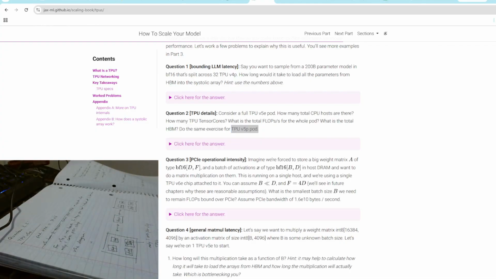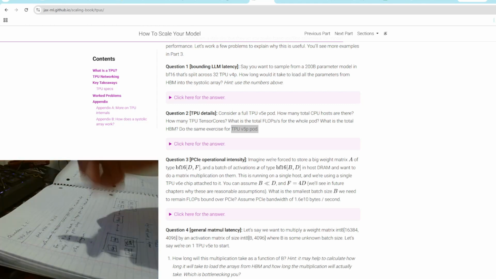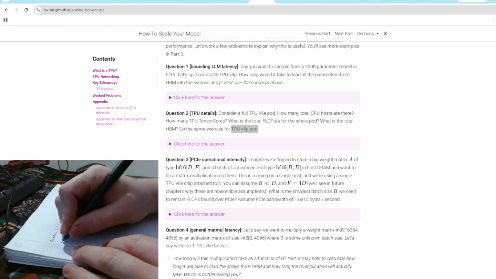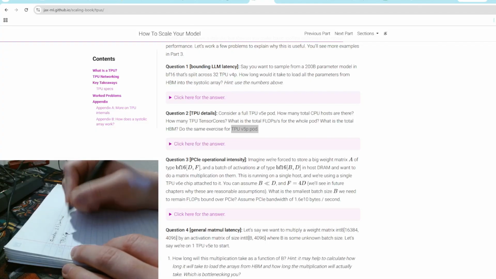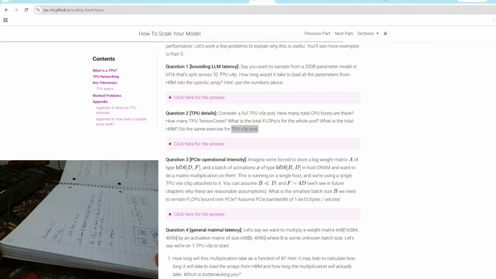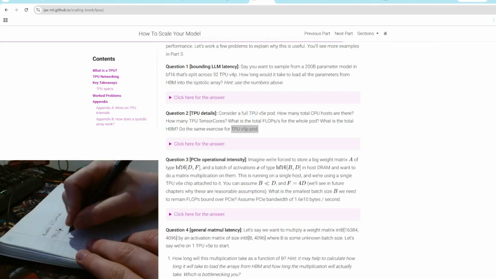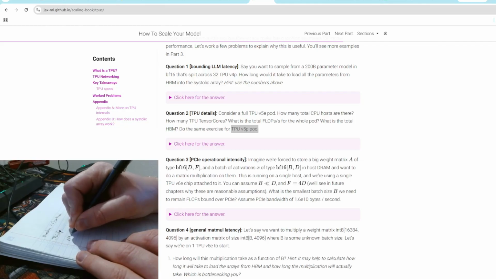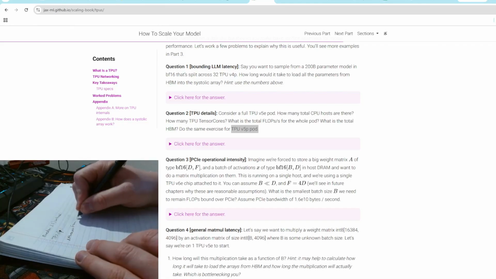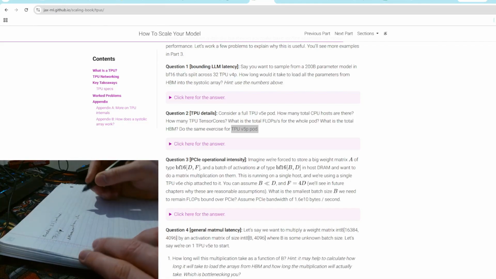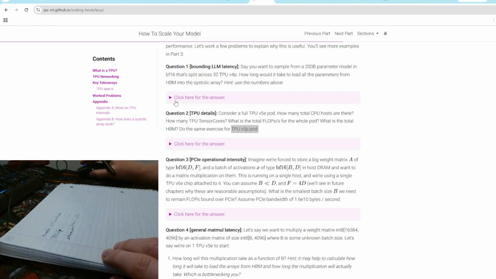Alright, we're back. Time to repeat this whole analysis for the TPU V5P. So let's first write that down: TPU V5P. Let's just write down differences from V5E.